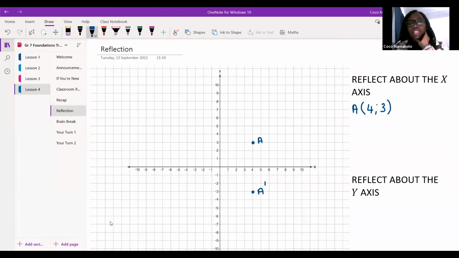Excellent. Right. Now, give me the coordinates, guys, for A prime. Oh, Sam keeps putting the Y value before the X. Sam, be careful. Yes, Masichaba. Keisha, check out for your X value.